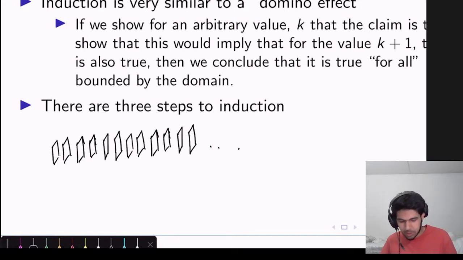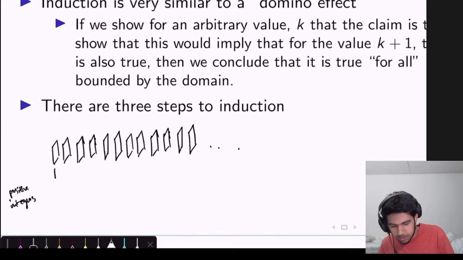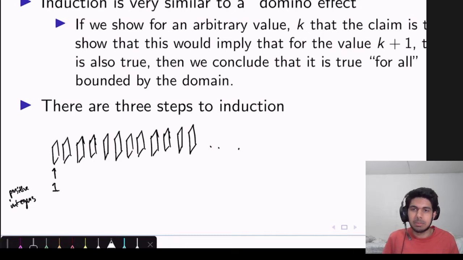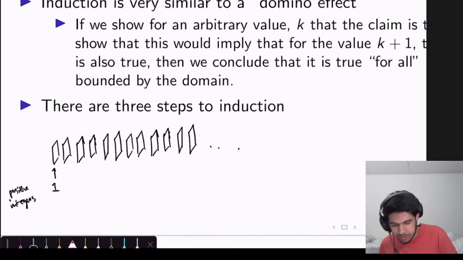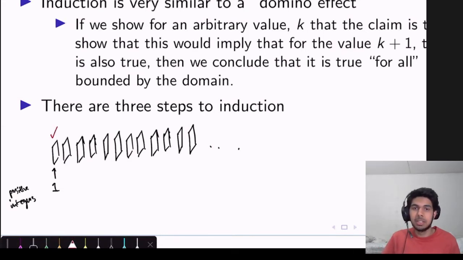Let's say we're working with positive integers, proving something is true for all positive integers. Then this domino would correspond to the value of 1, because that's the smallest positive integer. Our task with induction is to show that the proposition holds for that smallest value.